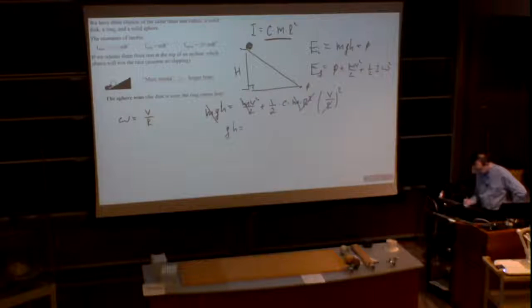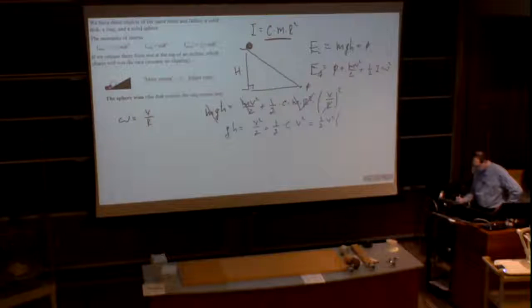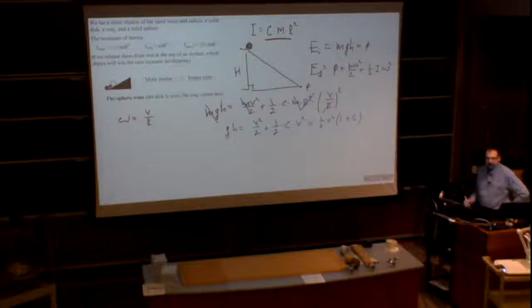gh equals v squared over 2 plus 1/2 times form factor times v squared, which gives a simpler expression, because 1/2 v squared is a common factor, and we can keep in parentheses 1 plus form factor, which is 1 or 2/5 or 1/2.